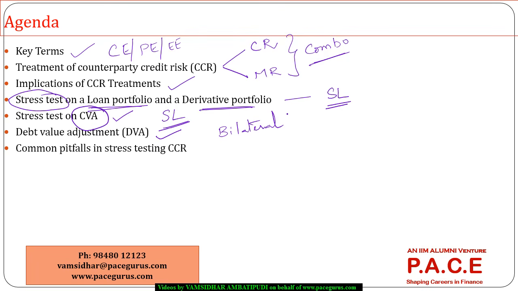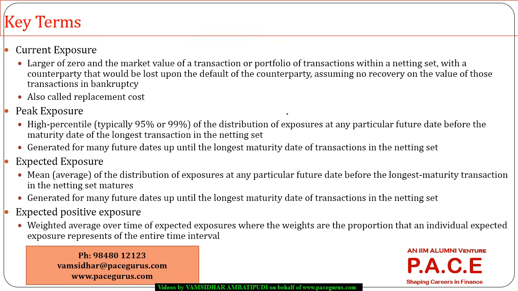So that is where I am also bringing in the debt value adjustment, DVA, which makes the overall CVA deal a bilateral CVA agreement. And finally, we will be looking at what are the common pitfalls in the entire stress testing of the counterparty credit risk.